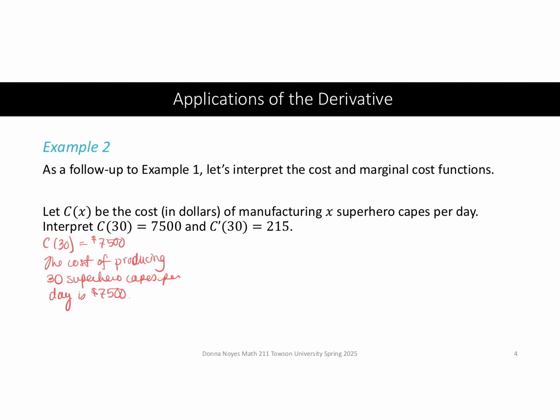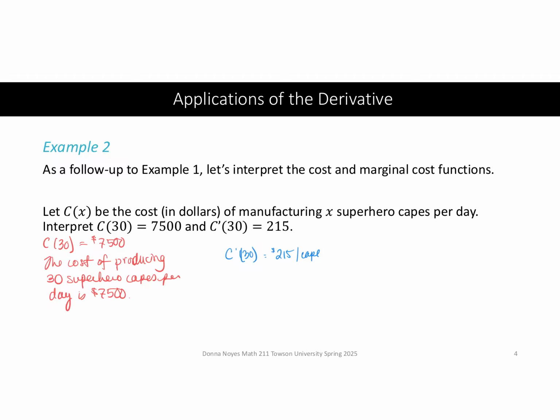So not so bad. Now remember, what does marginal mean? What does our derivative mean? It means our rate of change. So C prime of 30 equaling $215 per cape, superhero cape. No capes, right? As Edna Mode would say.